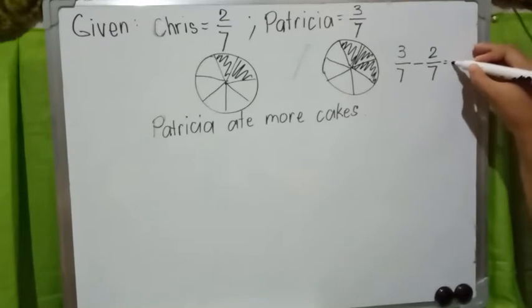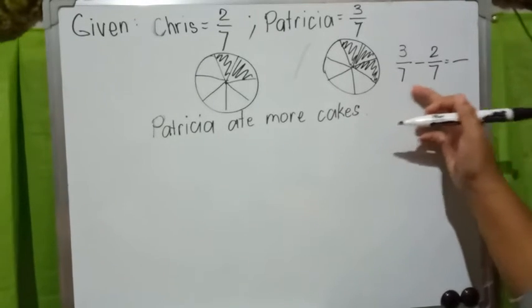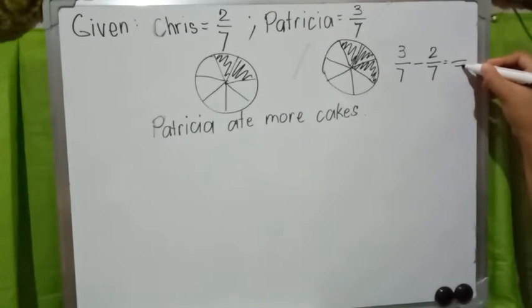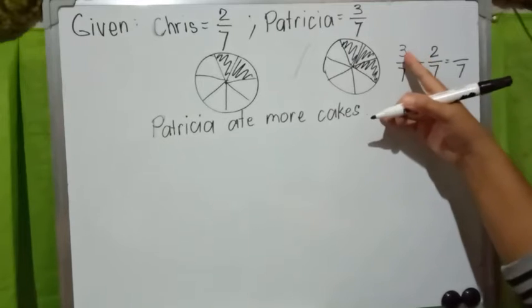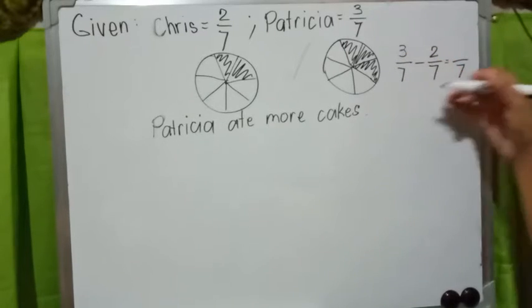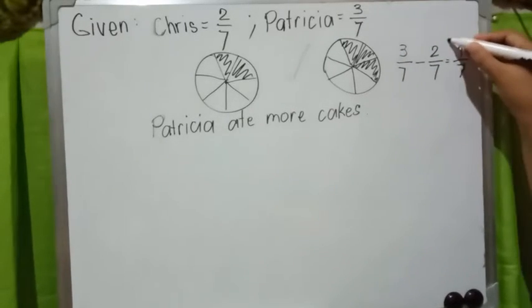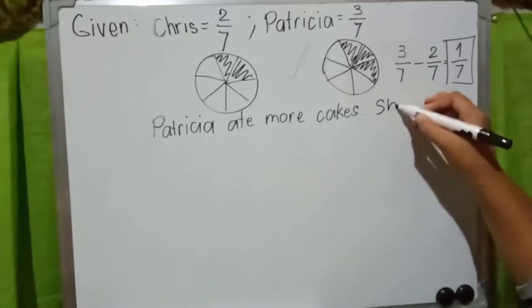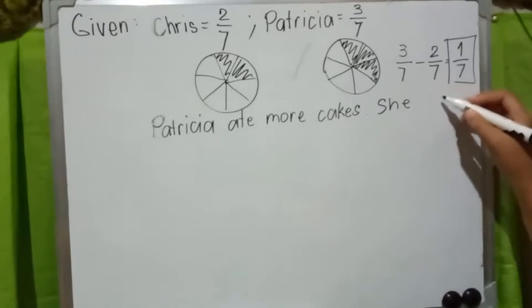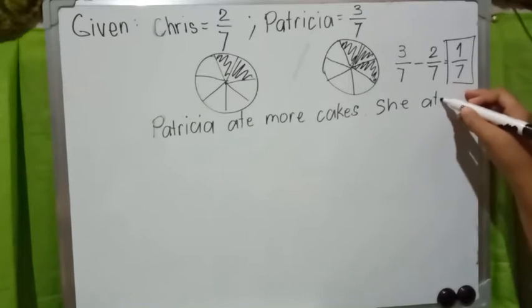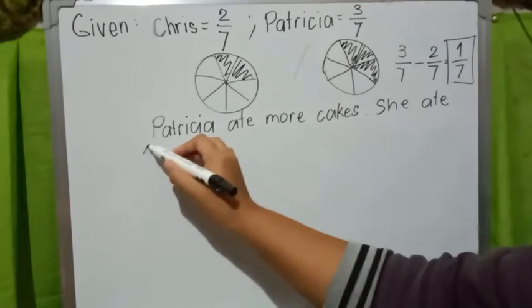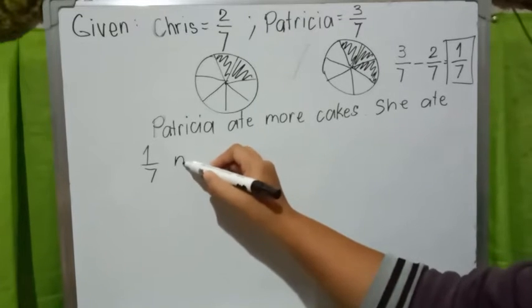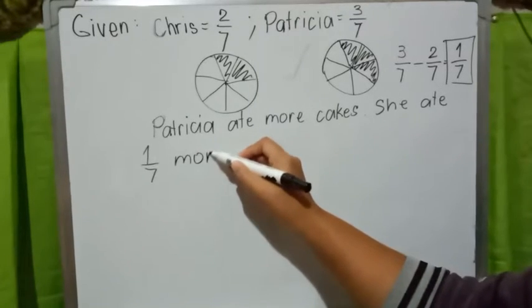As you can see, your denominators are the same, so just copy them. And 3 minus 2, that's 1. So we can see that she ate 1/7 more.